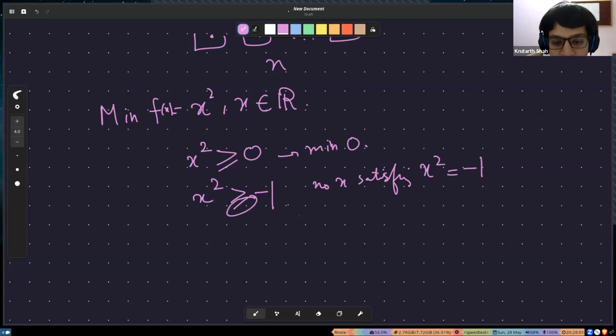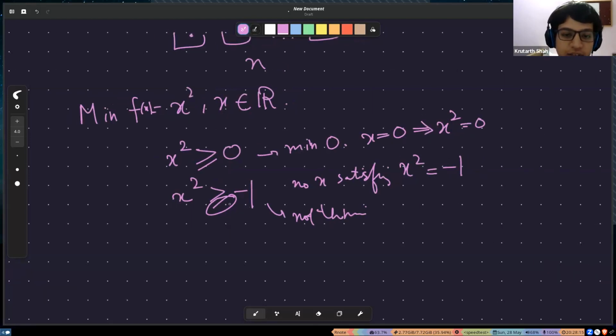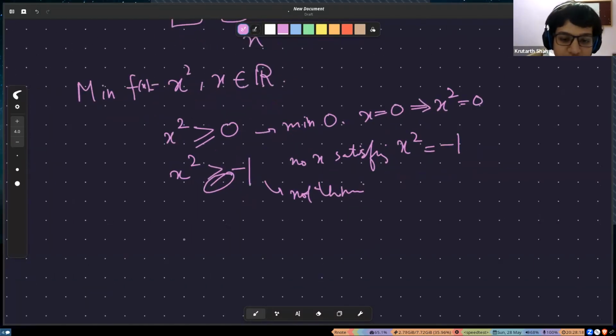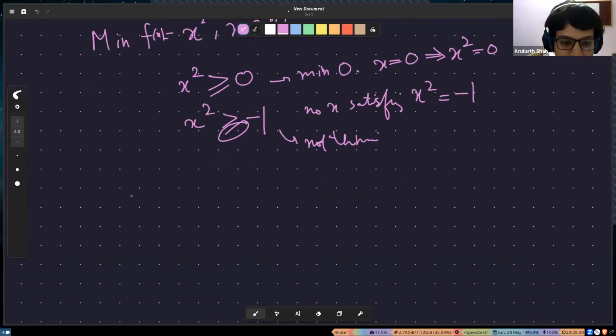So there is nothing reaching the equality case here. So that's why this is not the minimum. But 0 is the minimum because for x equals 0, x square does equal 0. And so the equality case is achieved.